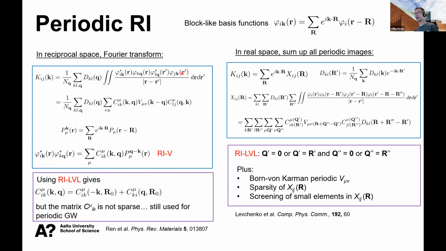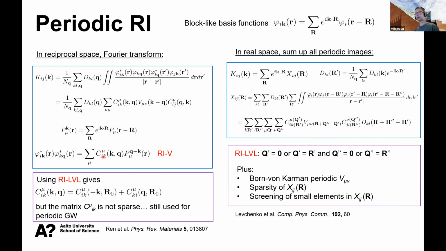So we haven't done the resolution of identity yet, but we will do it. We will do it simply by defining the expansion functions, the auxiliary basis, as Fourier transforms of the localized or similar Bloch-like functions of the real space auxiliary functions.